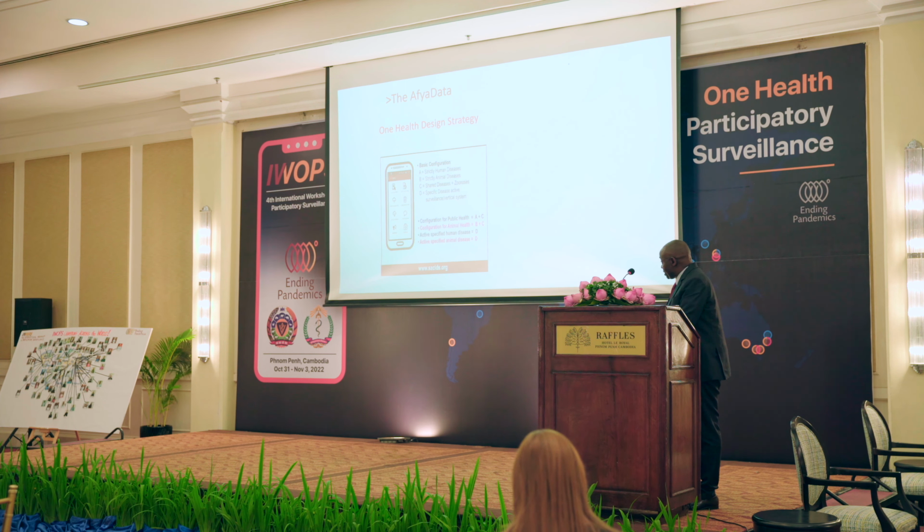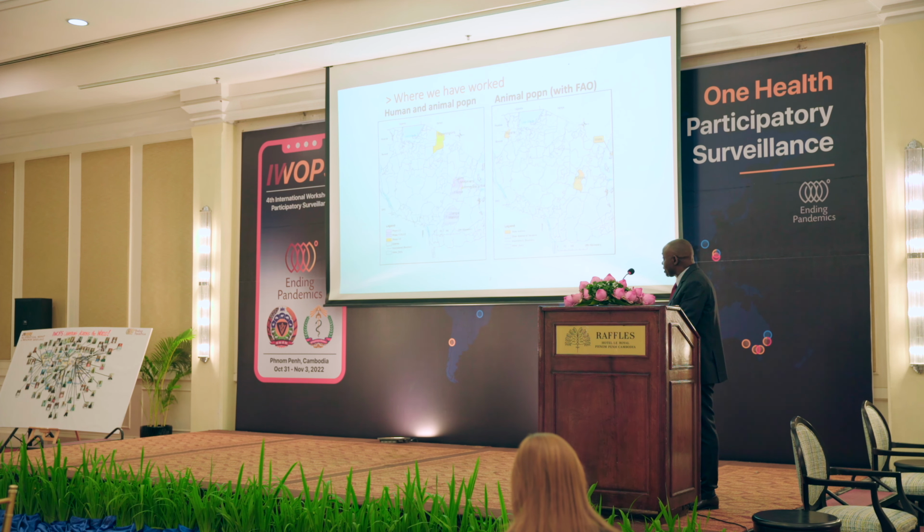Right from the beginning, we were conscious of One Health, so we designed a system for collecting human diseases, animal diseases, and both. But there are core attributes, which include the ability of the app to be open source, capture geographical location, and include multilingual ability to collect data from different communities.